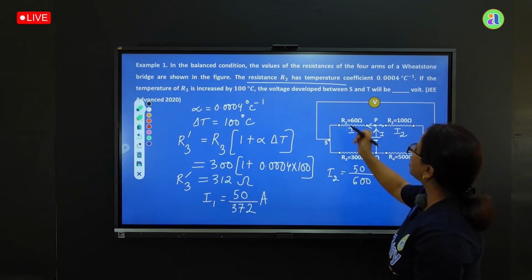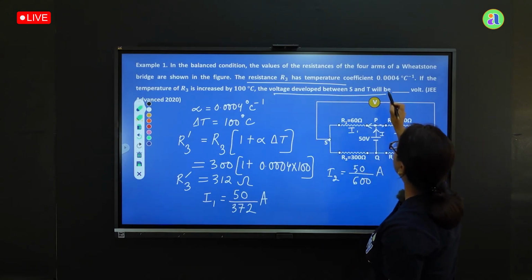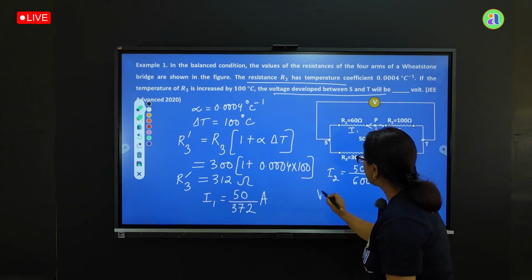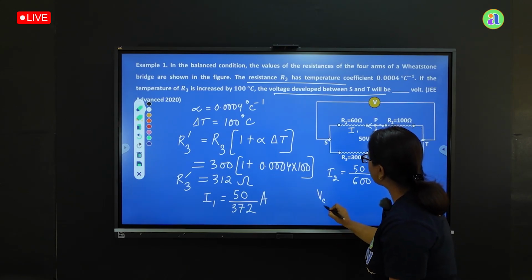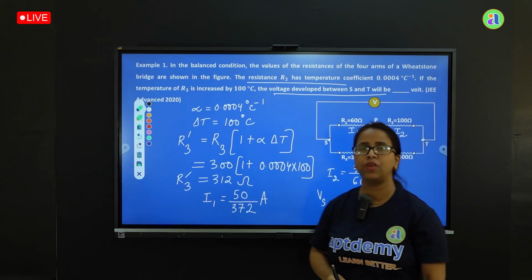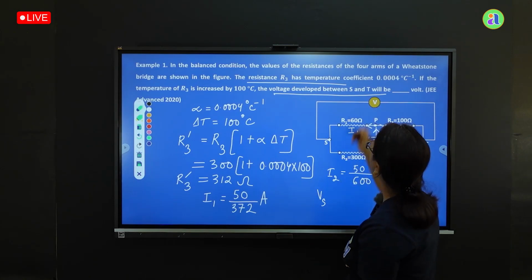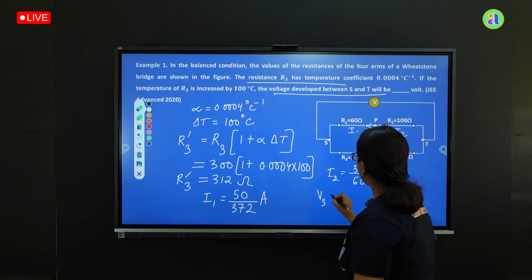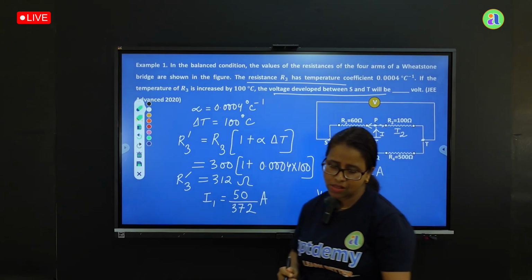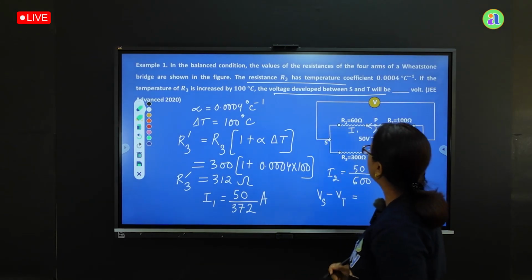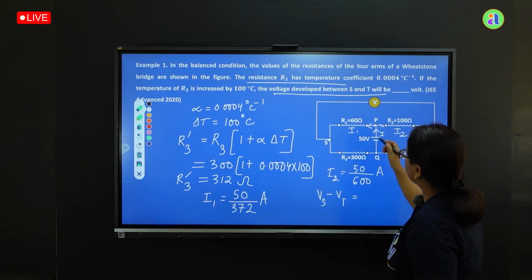Now we need to find out the voltage that develops between S and T. So the voltage that develops at S is say given as Vs, and the voltage at the point T is say given by Vt. Then we have Vs minus Vt. This is equal to the potential drop across this part of the circuit.